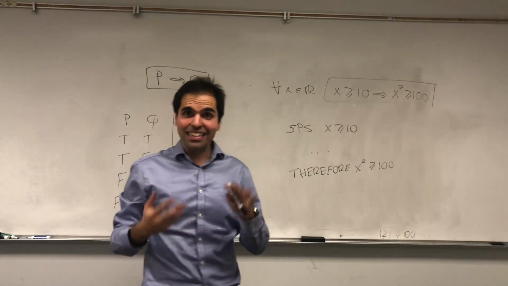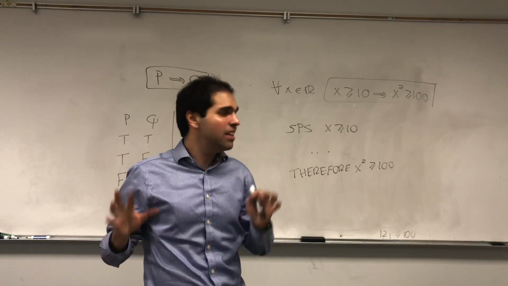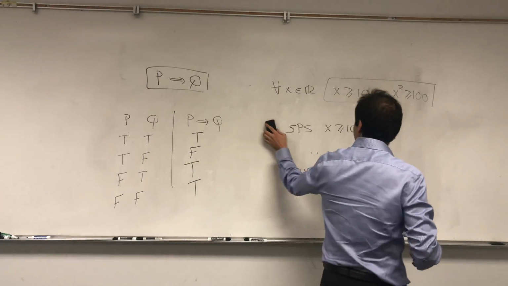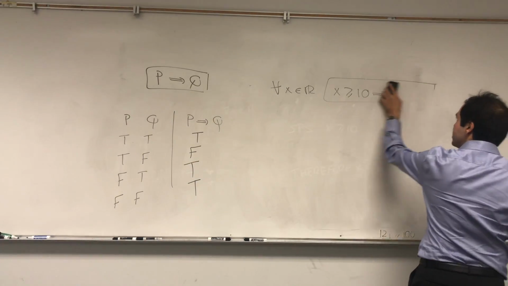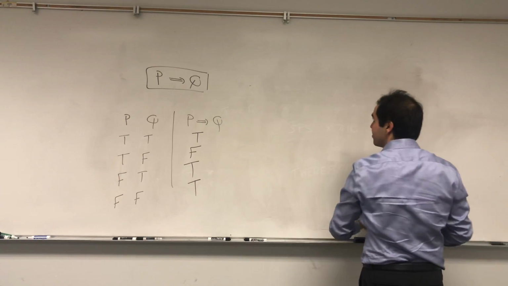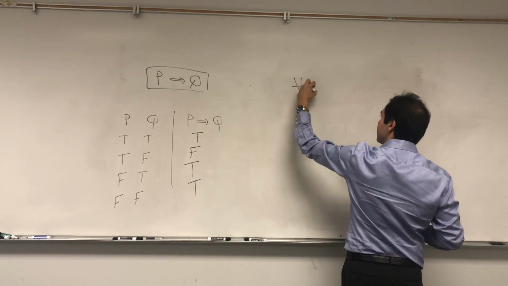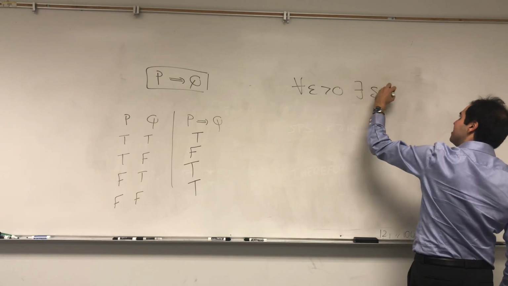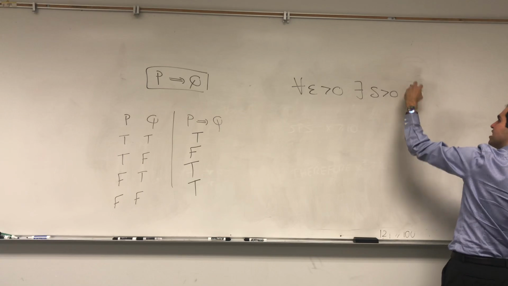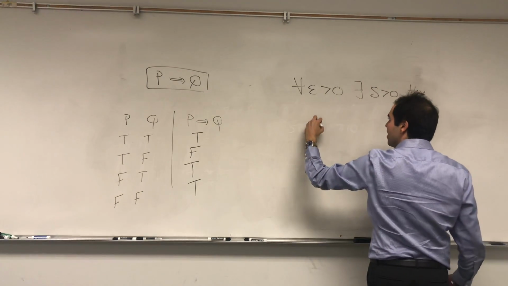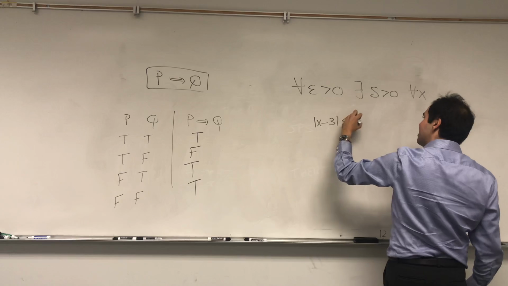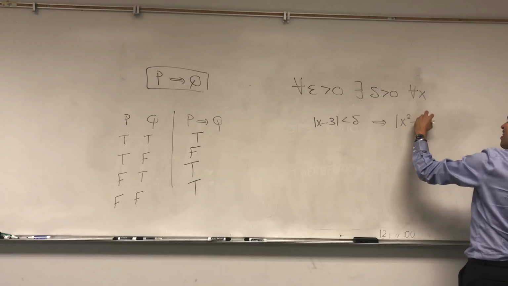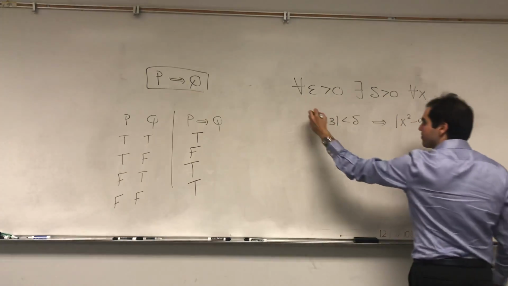In fact, again, deconstructing a statement is very important, especially if you have test anxiety. So let me give you one of the most feared statements in calculus, called an epsilon delta statement. And forget about the gibberish for a second. For all epsilon greater than 0, there exists delta greater than 0, such that for all x, |x minus 3| less than delta implies |x squared minus 9| is less than epsilon.